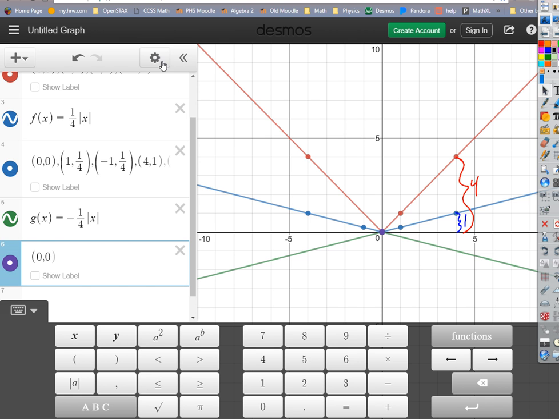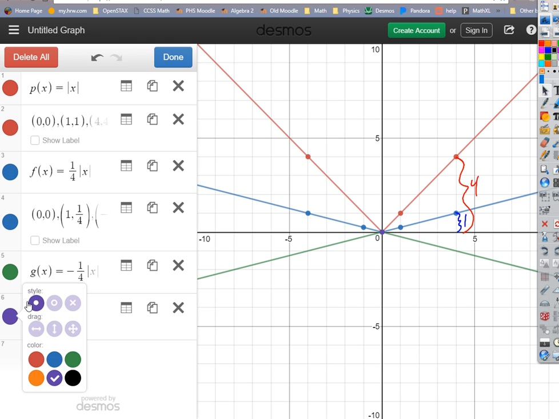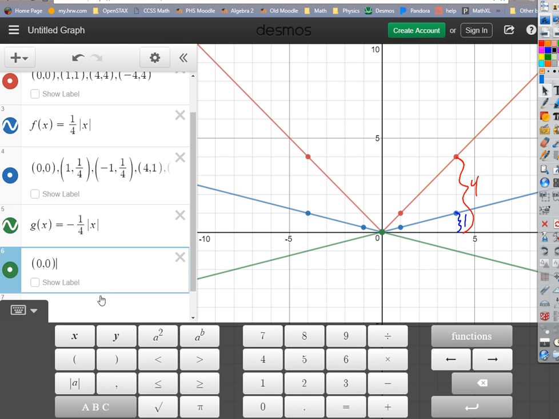Let's make this green so it matches the function. There we go. Okay, what if I put in, for example, a +4? -1/4 times the absolute value of 4 is, what's the absolute value of 4? What's 4 times -1/4? -1.